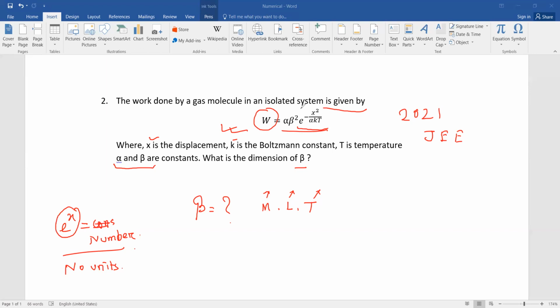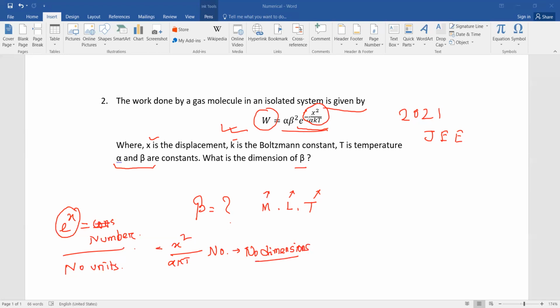So the power of this exponential, minus x square over alpha kT, is just a number. Number means it has no dimensions.